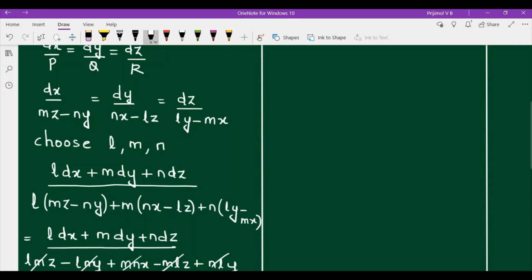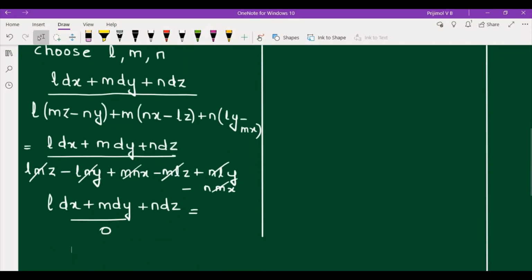I am selecting first ratio from the auxiliary equation. You know that all these ratios is also equivalent to this ratio. Our first ratio was dx divided by mz minus ny. Now if you bring this denominator to the right hand side, this whole thing becomes 0. So right hand side becomes 0.